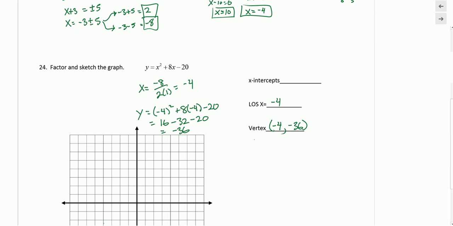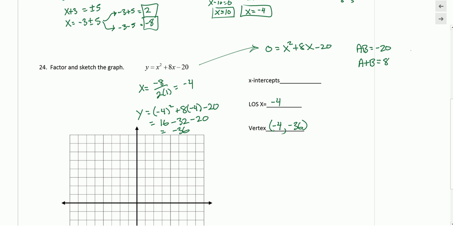Well, there's our vertex. For x-intercepts, I'm going to try to factor this thing. Set y equal to 0. Looking for two numbers that multiply to -20 and add to 8.